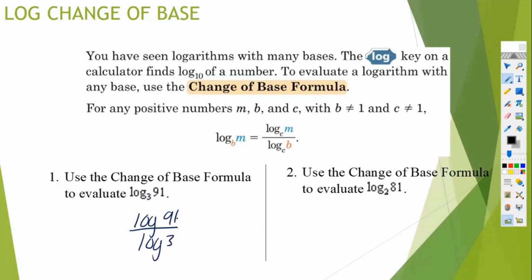Your argument is in the numerator, your base is in the denominator. So again, let's talk about it as a class. I have log base 2 of 81. If I have a non-calculator, I can write in the base with, what do I write it as? Good job. Log of 81 divided by log of 2. I can find the log of any base as long as I rewrite it in base form.